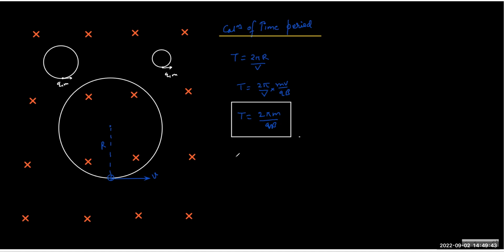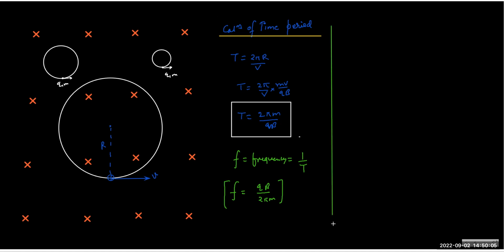Now we know that frequency is defined as the inverse of time period, right? Yes, sir. And the most important thing is called the angular velocity. So what will be the angular velocity?